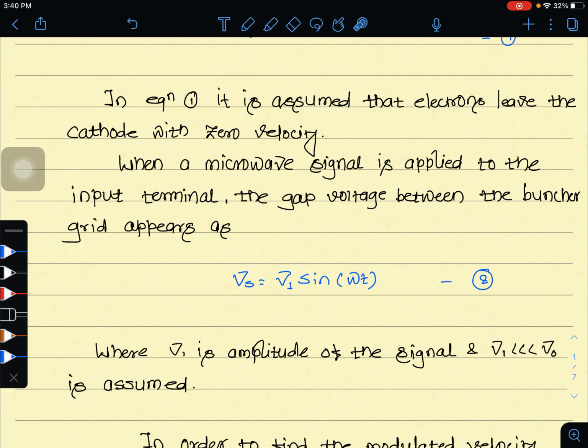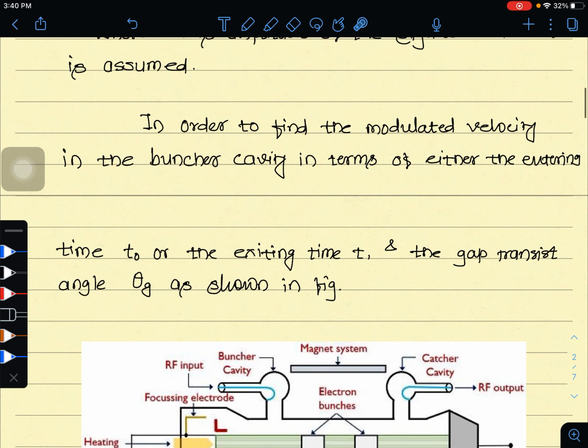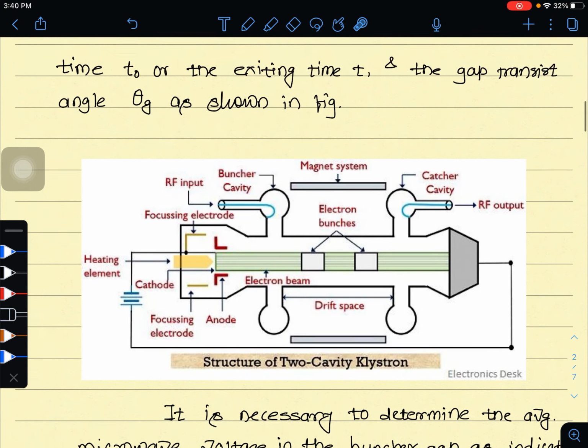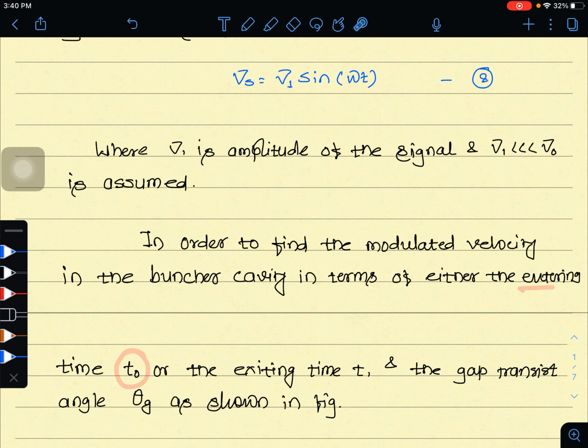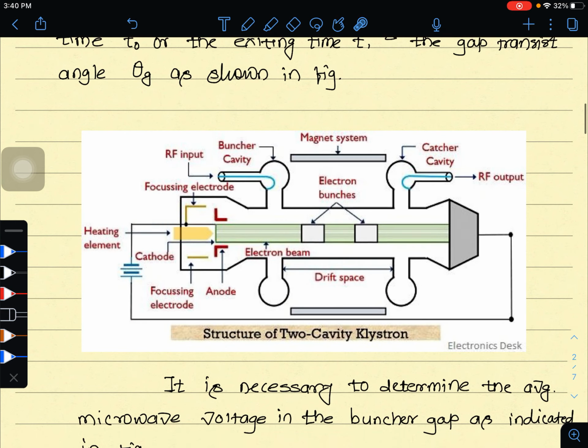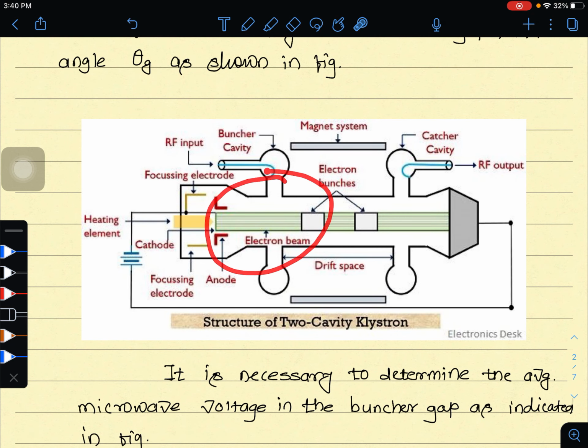Consider the entering time as T0 and the exit time of the signal as T1, and the gap generated in that transit makes some angle, denoted by theta g. Such a diagram we see here.